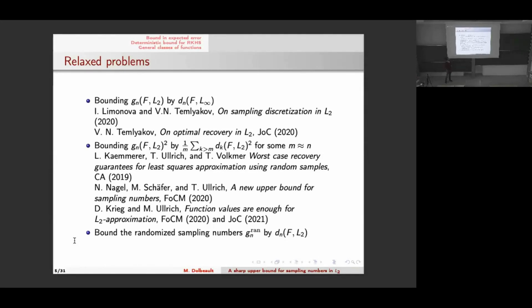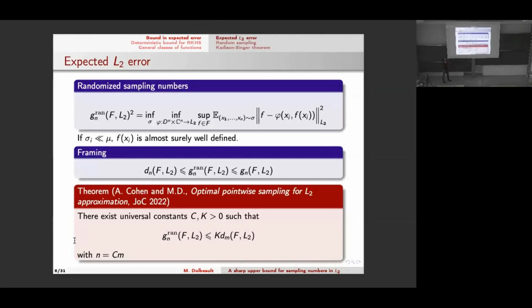Okay, so instead of sampling numbers, I will use randomized sampling numbers as I define just later in here. So instead of picking points x1 to xn, which will be fixed whatever function f could be, I will take a random distribution sigma over D to the n. So it's a random distribution of n sample points.